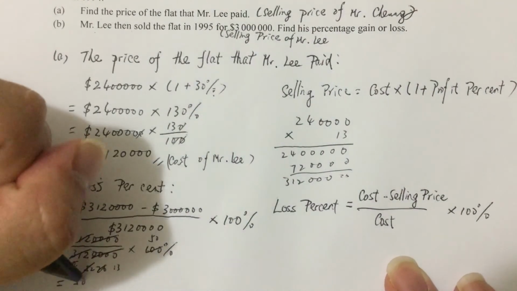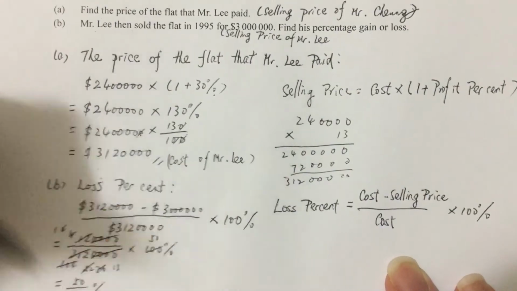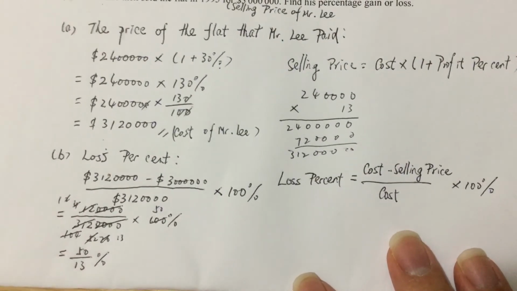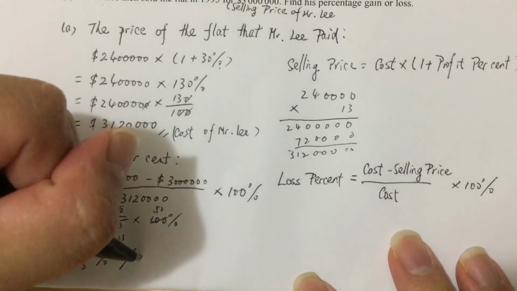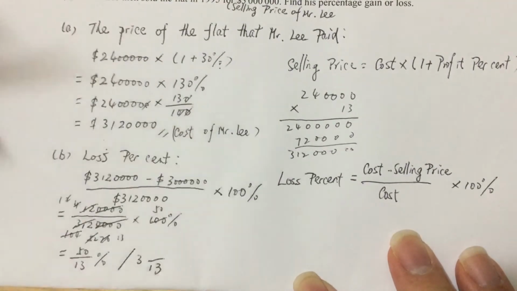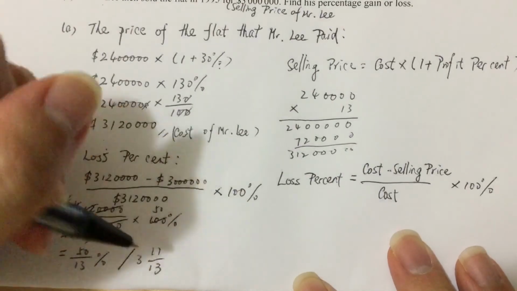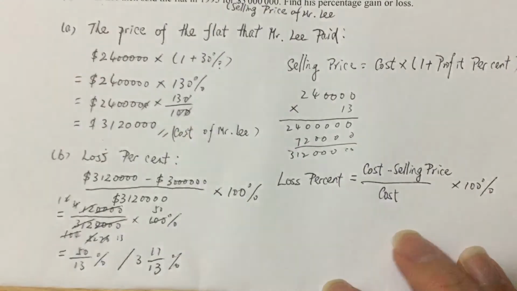So the answer is 50 over 13%. If you do not like this one, you can change it to a mixed number, 3 and 11 over 13%, for the answer.